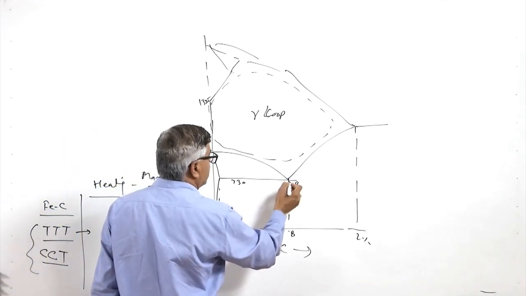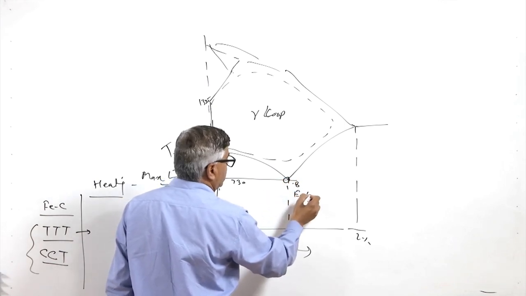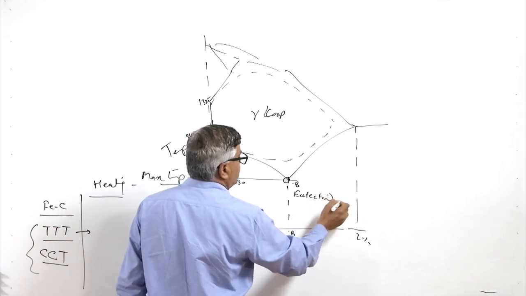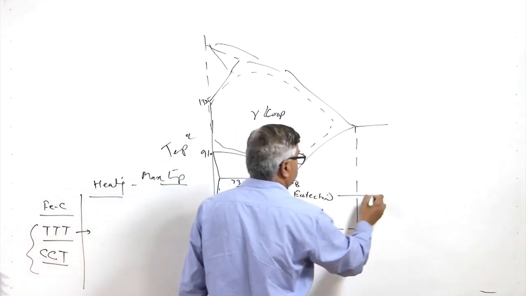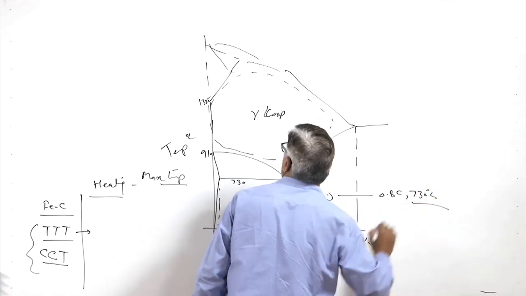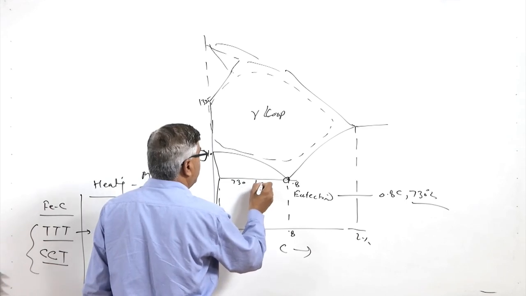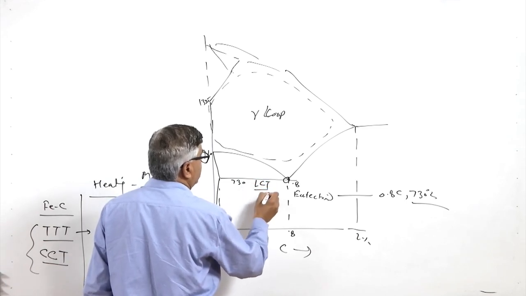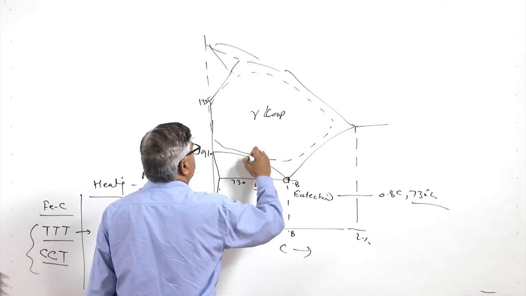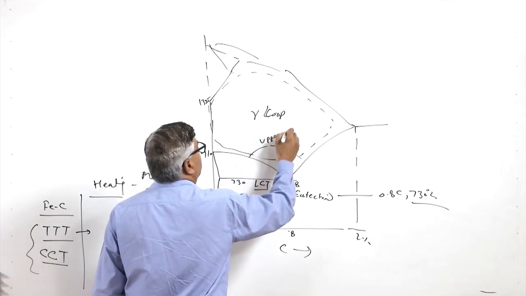This point is called the eutectoid point, which occurs for this combination of 0.8% carbon and 730 degree centigrade. This line is called the lower critical temperature line, and both of these are the upper critical temperature lines.